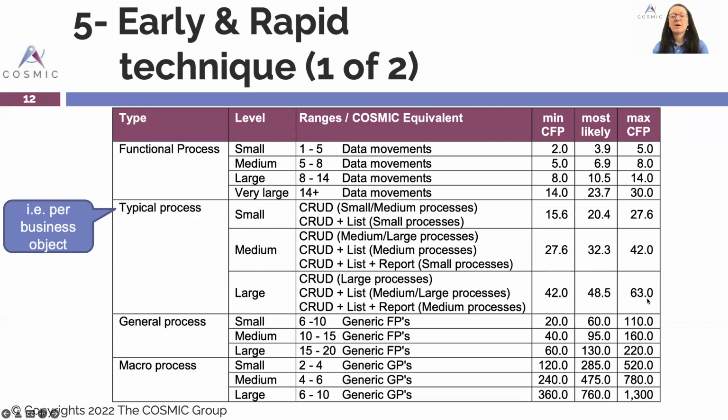For maximum value, something quite complicated, then 63 COSMIC function points. The general process, that's the number of functional processes for small, medium, large. Well, this can be viewed as a module. And the macro process can be viewed at the level of the application itself.